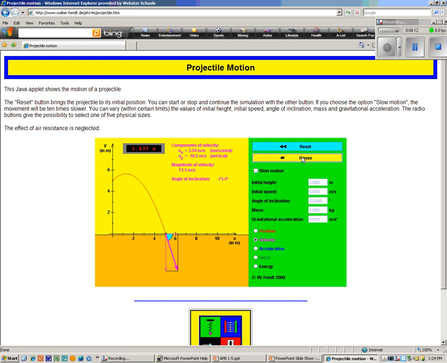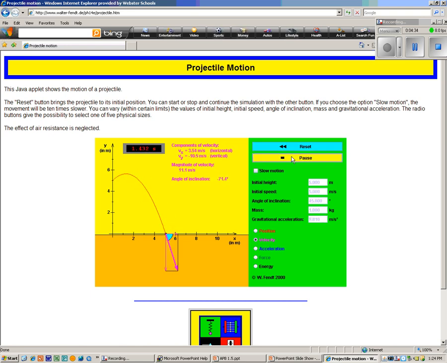You'll see those velocity vectors are always changing throughout the path. So we'll talk about velocity vectors in that sense. But if we talk about acceleration vectors, you'll notice that the acceleration vector stays the same the whole time. If we talk about the force vector, the force vector stays the same the whole time. But the velocity vectors are always changing.